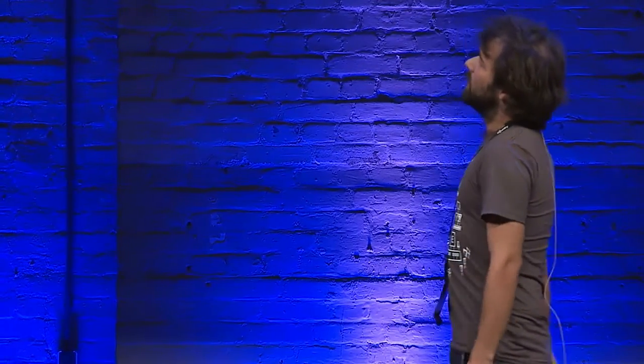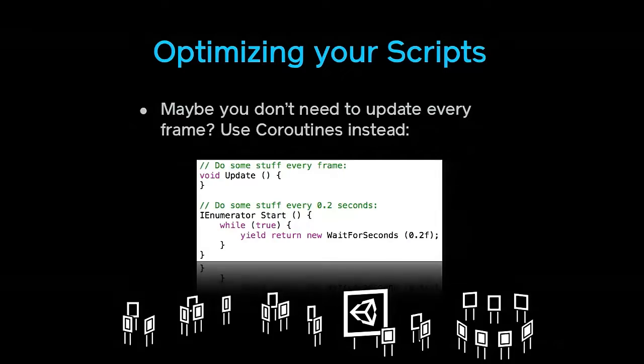Another thing is that often you don't actually need to run your logic every frame just because the update function runs every frame. It's quite easy in Unity to set up an update loop for an arbitrary frame rate using coroutines. Here's a code sample which shows you how to set up a loop by making an infinite loop in the start function.